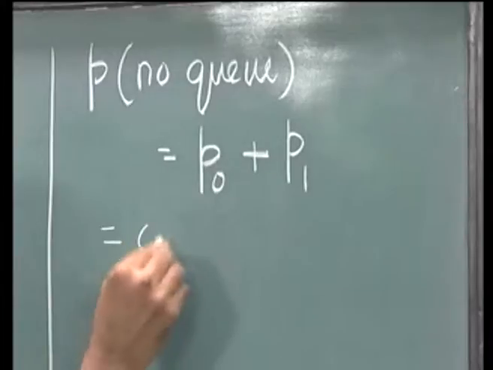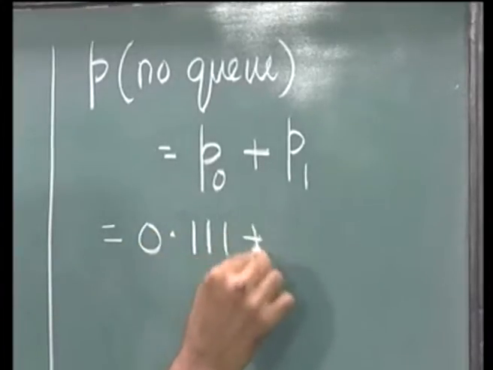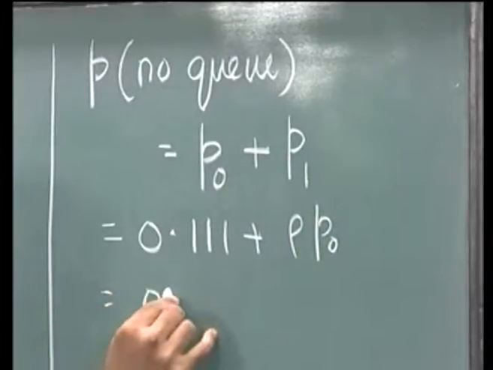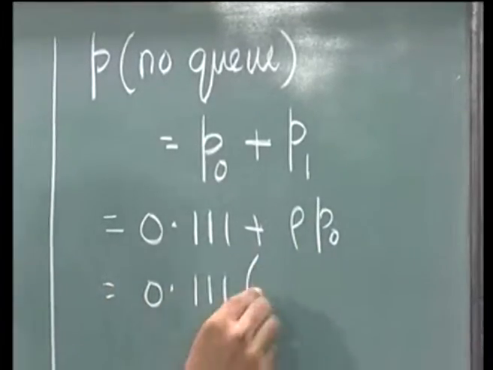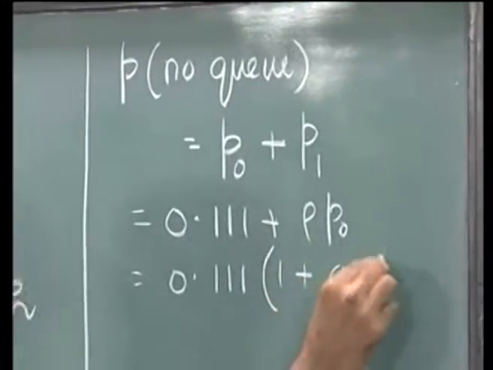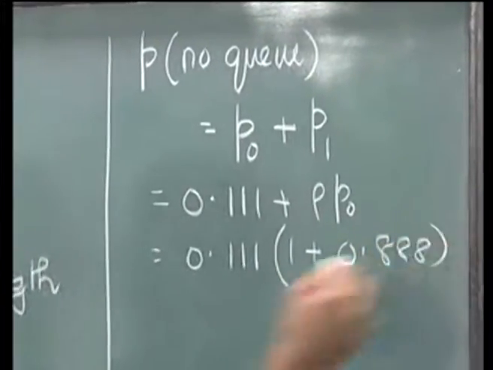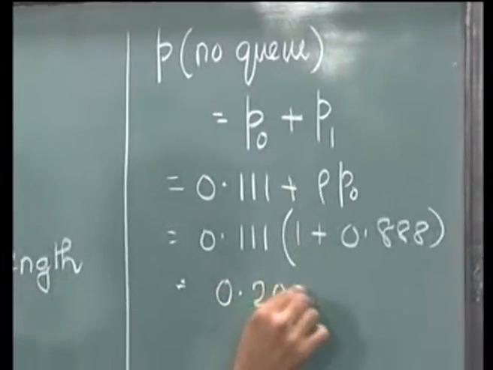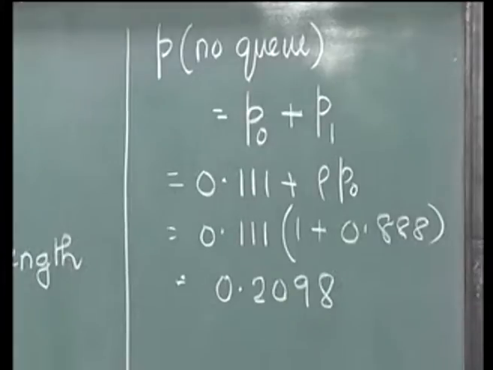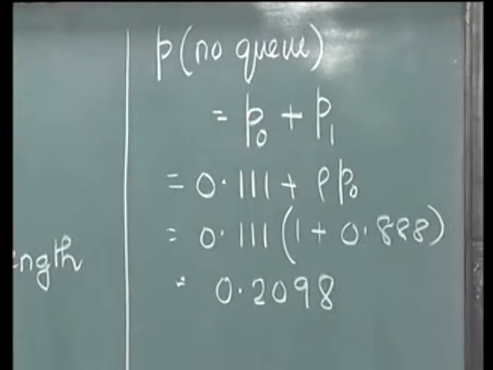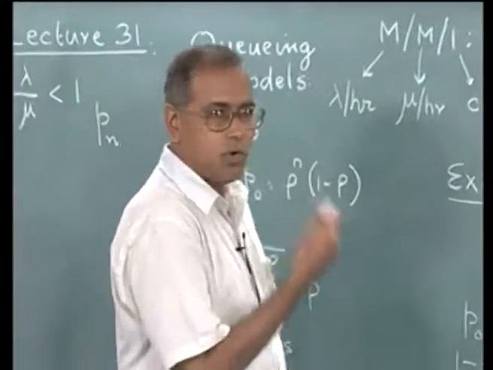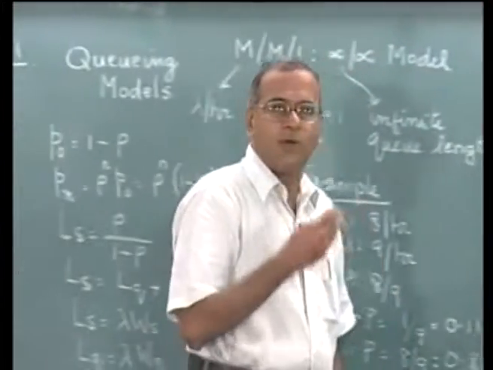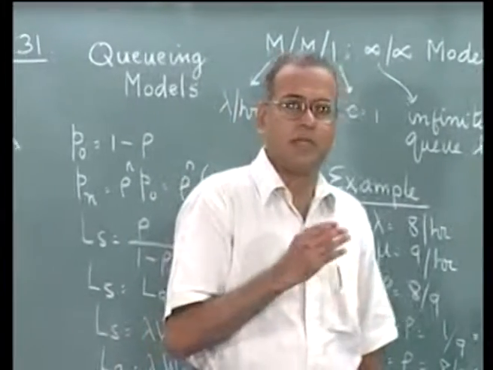This is P naught, 0.111, plus P 1, which is rho P naught, which is 0.111 into 0.888, and this would give us 0.2098. So, for our example, the probability that there is no queue is 0.2098, which means about 21% of the times there will be no queue.